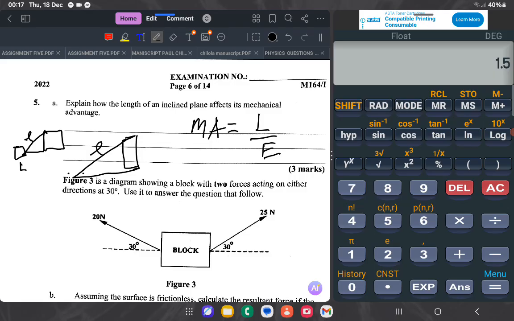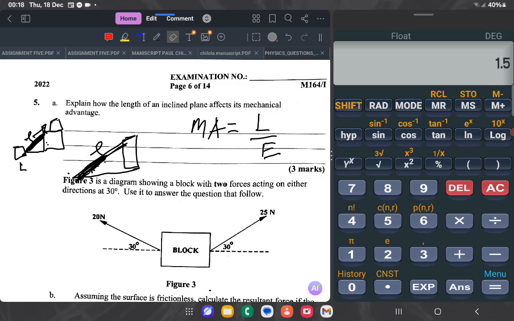If the length is longer, it means that you are going to apply less effort. Here you have to struggle to exert greater force to get the object to the top. But here, where the length is a bit longer, it is going to be more slanted than in this case.